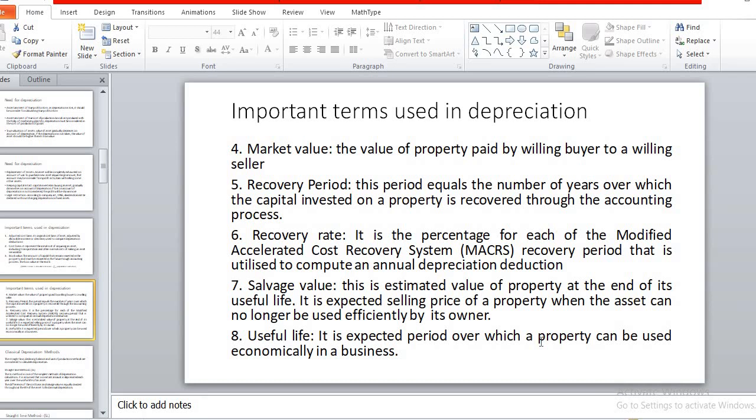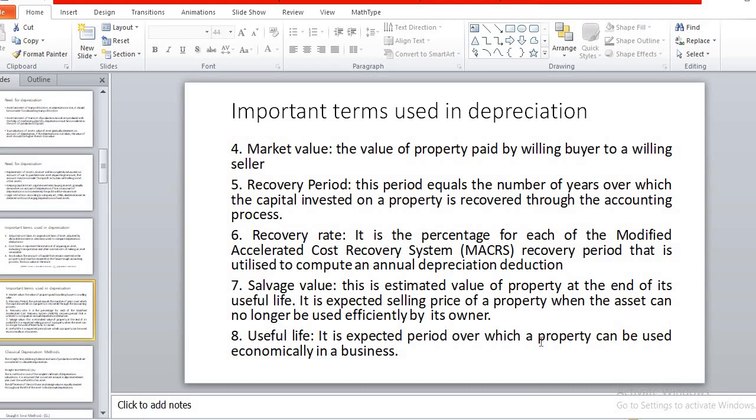Now the sixth one is the recovery rate. To recover the capital invested during that recovery period, how much rate or how much percentage is required is nothing but the recovery rate.